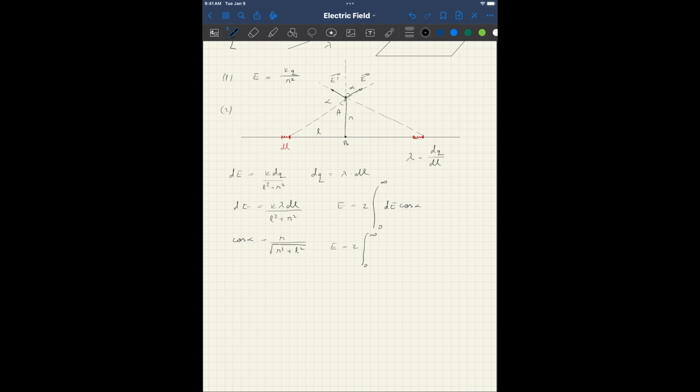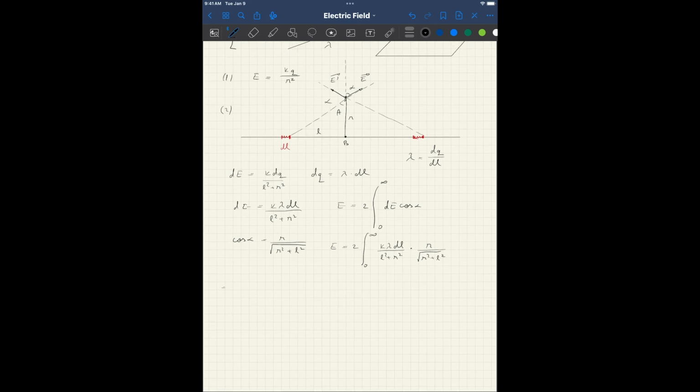that will be k lambda dl over L squared plus r squared times r over the square root of r squared plus L squared.